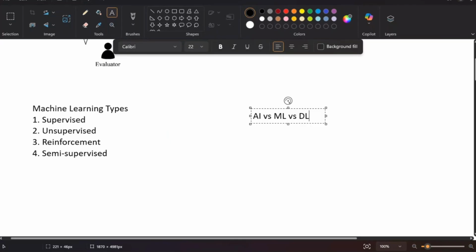Machine learning is a subset of artificial intelligence that enables systems to learn patterns from data and improve performance without explicit programming. It focuses on algorithms that generalize from examples, right? Like spam detection, fraud detection, customer segmentation, training robots, for example Netflix recommendations, predictive maintenance, or stock market prediction, right? Then we have deep learning.